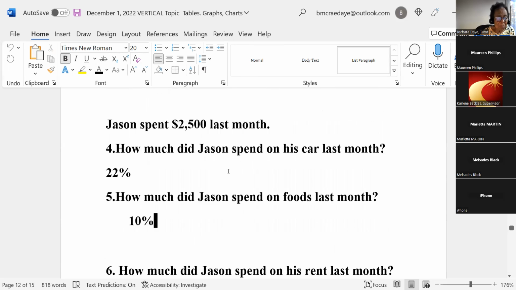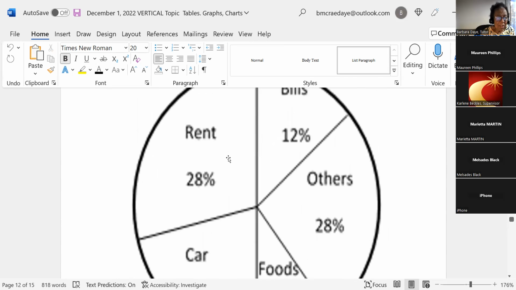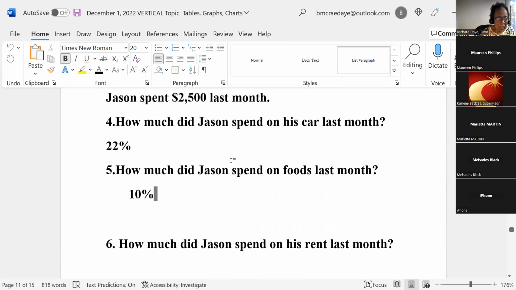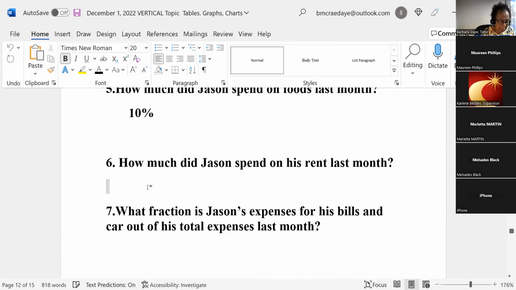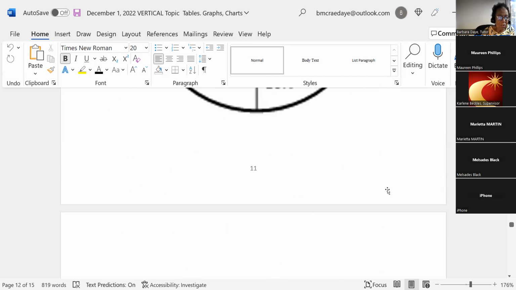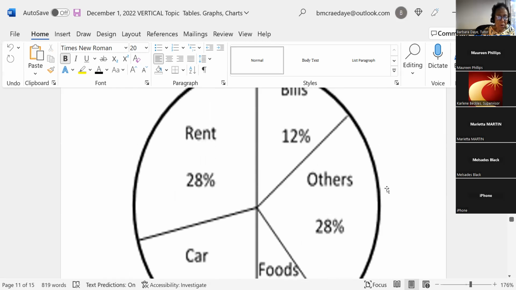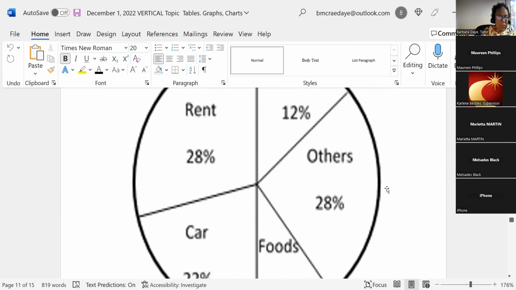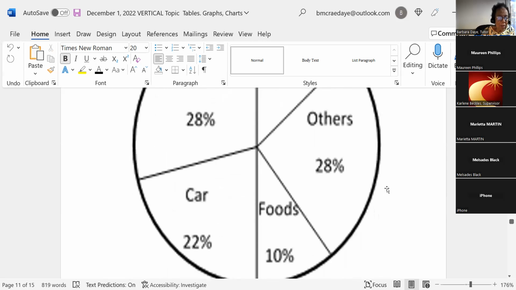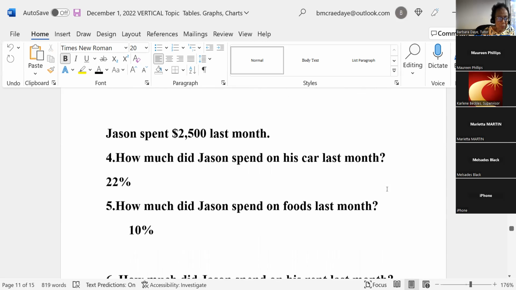How much did he spend on his rent? His rent was 28%. I want you to give me the answers in terms of dollars. What fraction is Jason's expense for his bills and his car of the total? Bills is 12 and car is 22. This is 30.